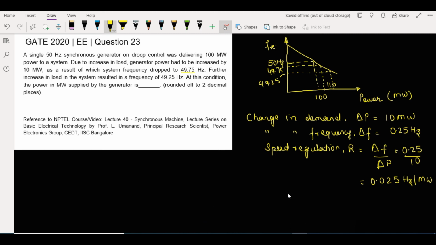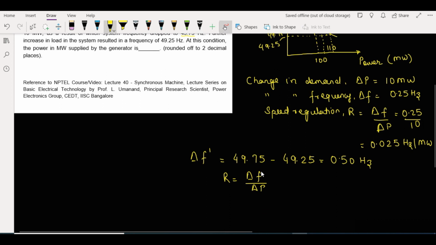So similarly, if our new frequency is say 49.25, then what will be the change in frequency? That is say del F dash, that is equal to 49.75 minus 49.25, which will give us 0.50 hertz, right? So R is given by, as we have seen, del F by del P. So we can say that this is del F dash.